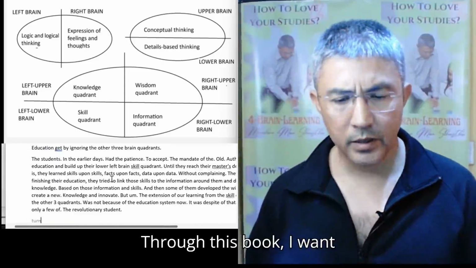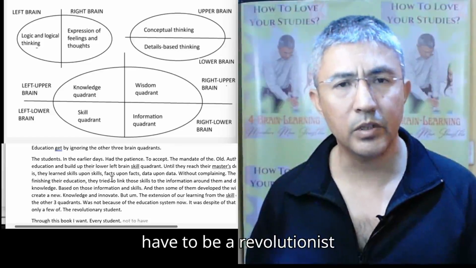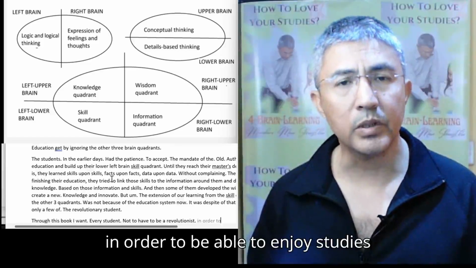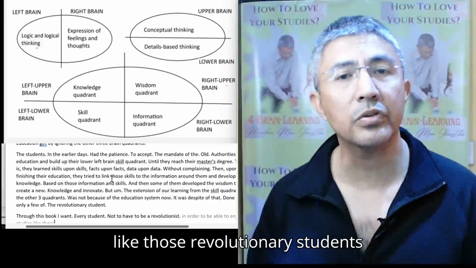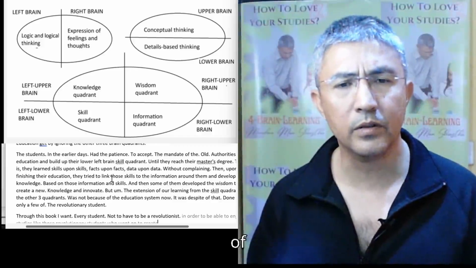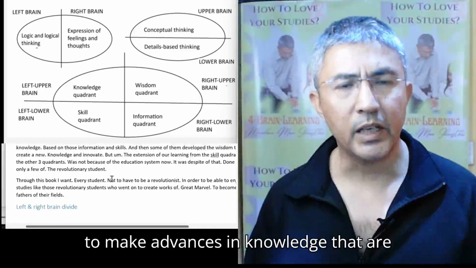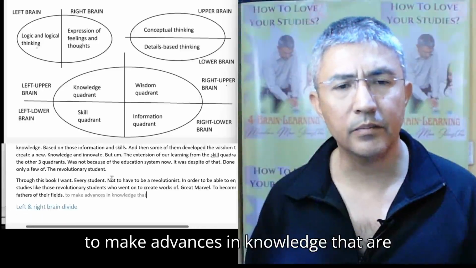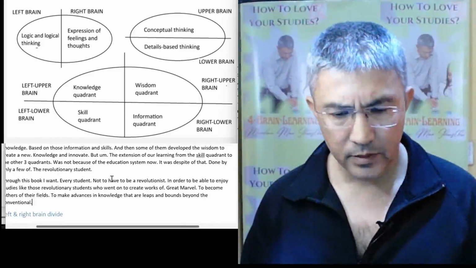Through this book, I want every student not to have to be a revolutionist in order to be able to enjoy studies like those revolutionary students who went on to create works of great marvel, to become fathers of their fields, to make advances in knowledge that are leaps and bounds beyond conventional skills.